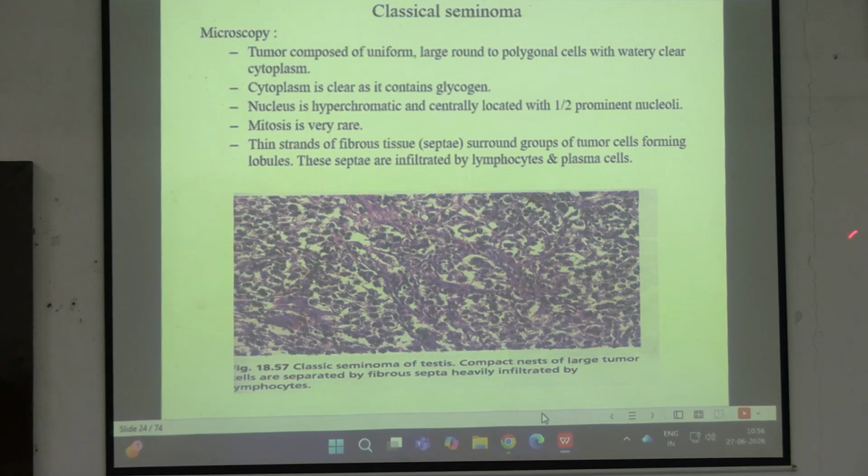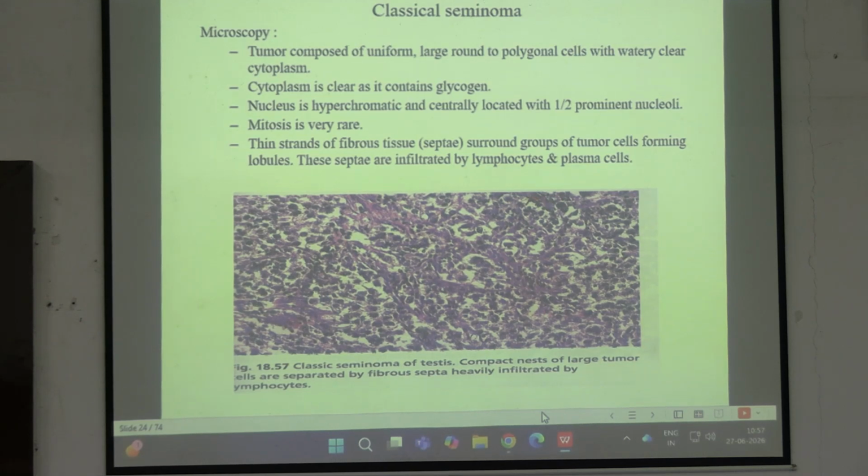The nucleus is hyperchromatic and centrally located with 1 to 2 prominent nucleoli. Mitosis is rare. Thin strands of fibrous septa surround these tumor cell lobules, and they are infiltrated by lymphocytes and plasma cells. So this is classical seminoma.